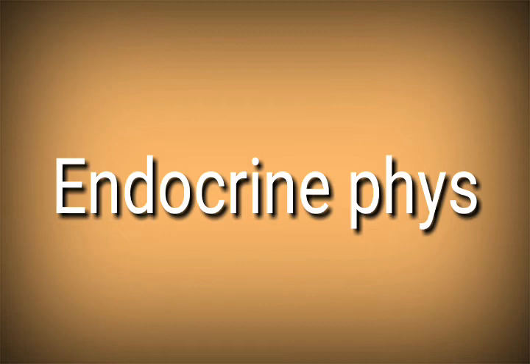T3 helps to speed up the basal metabolic rate, especially when we have to adapt to the environment. So as an example, exposure to cold weather stimulates the release of T3 and T4, and they go on to increase body metabolism and heat production by burning up more energy in the form of sugars and fats. Thyroid hormones help activate the sympathetic nervous system, which is responsible for the fight or flight response.